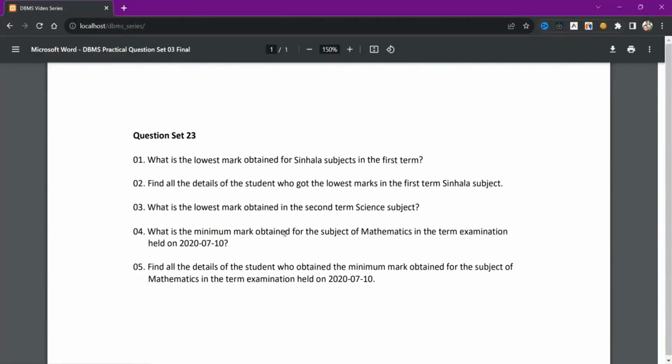What is the minimum mark obtained for the subject of mathematics in the term examination held on 2020-7-10? So if we look at it, the fourth question is also same as the third question because the question is same, but the conditions they have given are different.